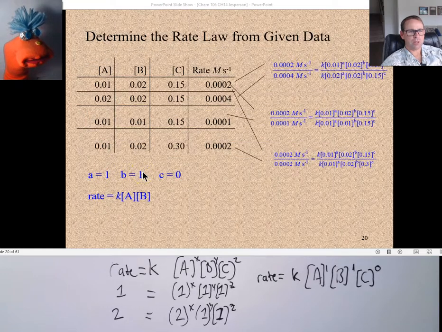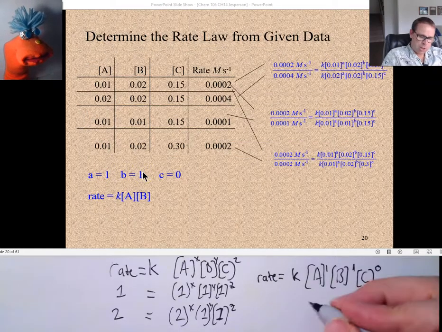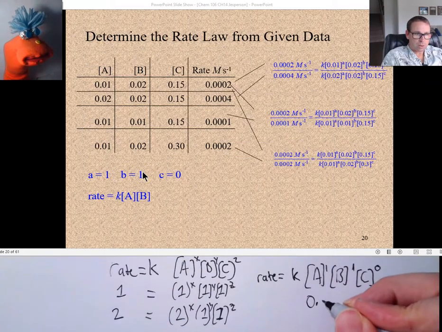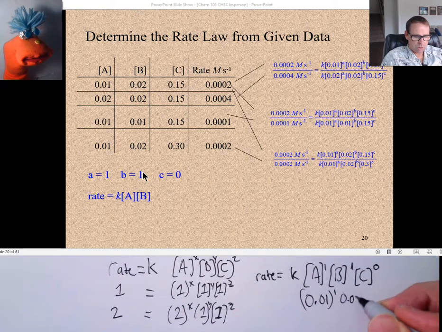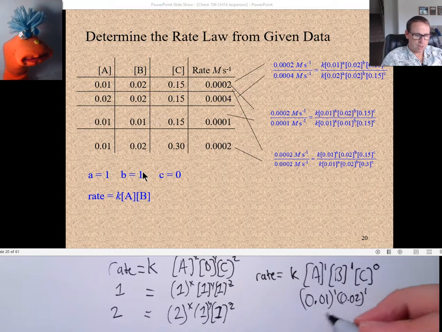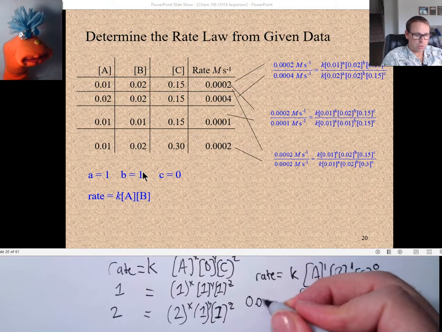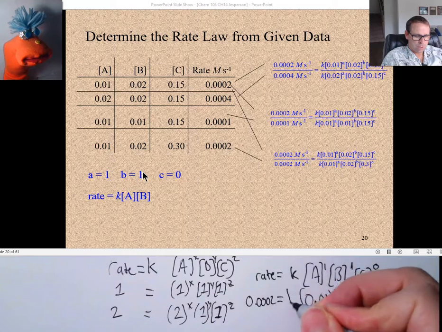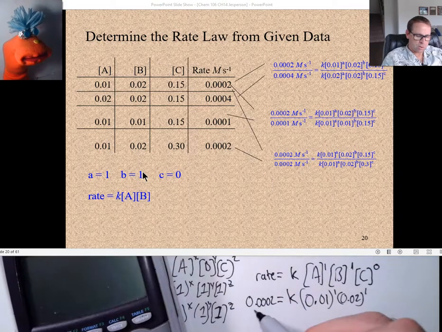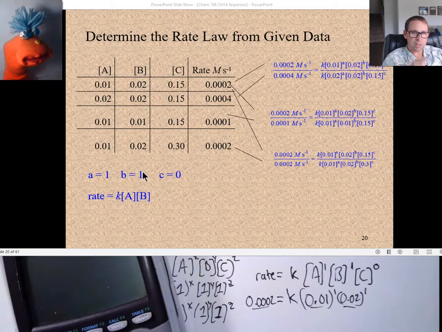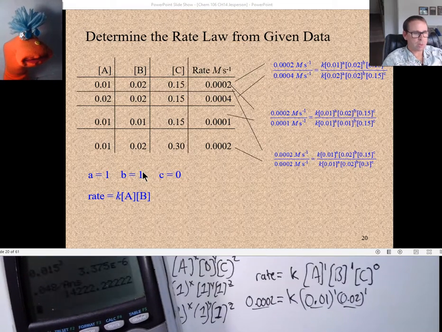That's right. Very good. So if I put in here 0.01 for A to the 1, B 0.02 to the 1, C to the 0, I'm not going to include that there, rate 0.0002, I can solve for k now. So again, this is all the information from a single experiment, in this case the first experiment.